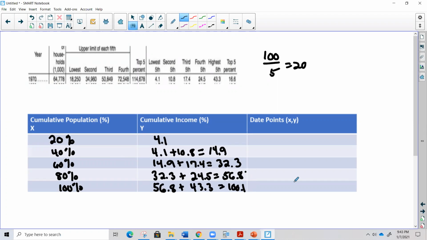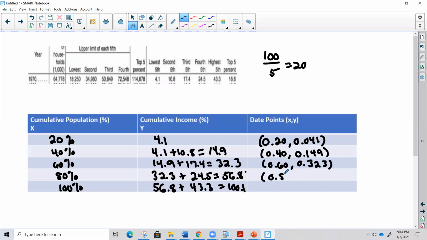So then from there, my data points are, this is my X value, this is my Y value. I'm not going to write them as percentages here, so I'm going to change them all to decimals. So this is 0.20 and 0.041. This is 0.40 and 0.149. 0.60 and 0.323.